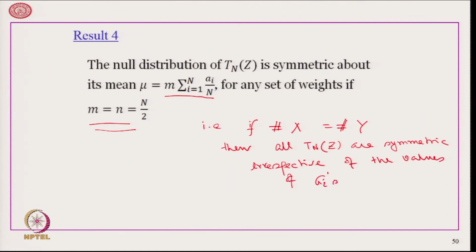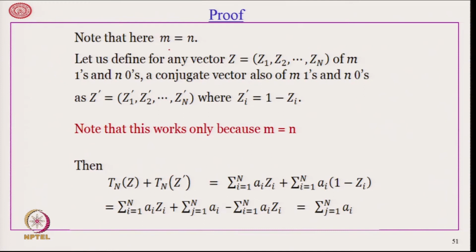You consider any constants a_i's, the distribution will remain symmetric provided number of x is equal to number of y. So, proof, note that m is equal to n.